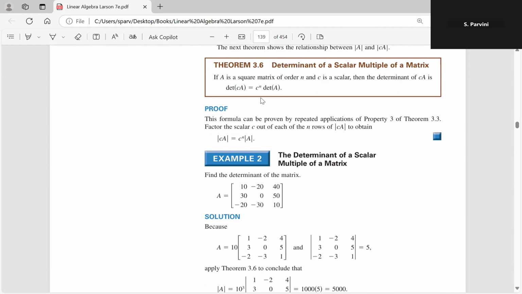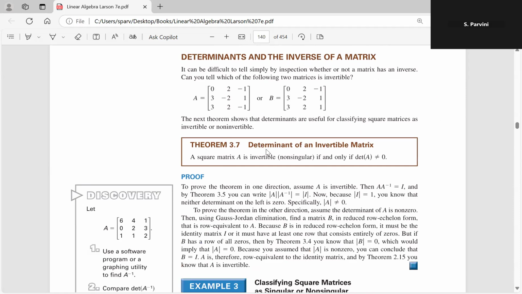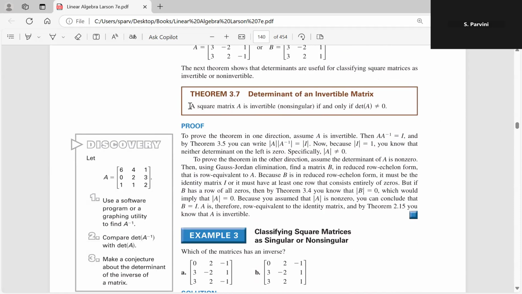So for example, if you have a 3 by 3 matrix and you do 5A, that would be 5 cubed times the determinant of A.